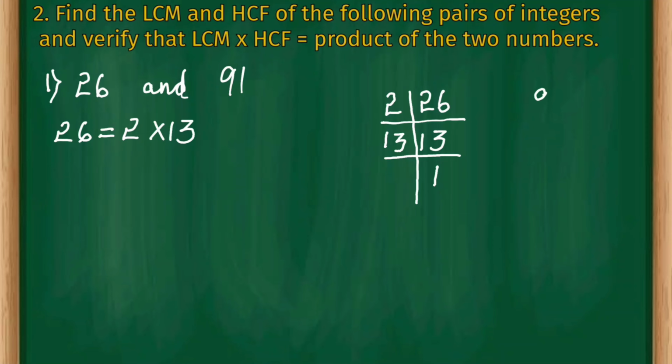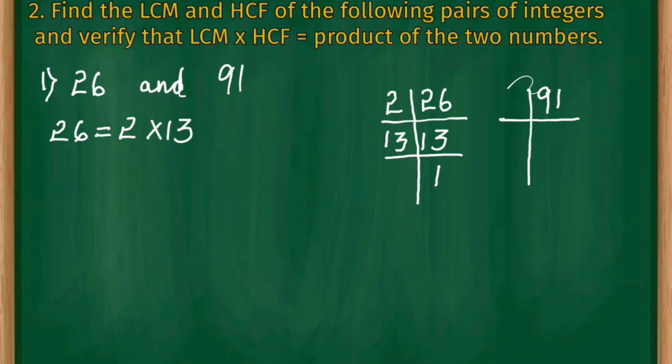Similarly, we have to do the prime factorization of 91. That means we have to use only prime numbers for the division. So 91 can be divided by 7. If we divide 91 by 7, we get 1 7s are 7.